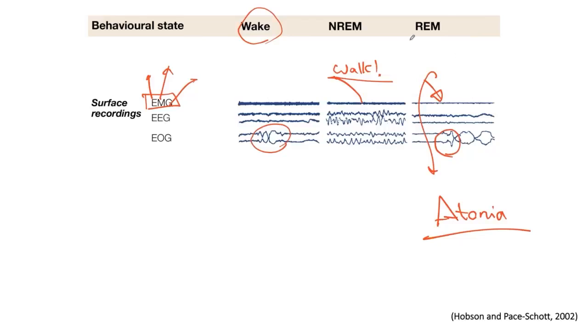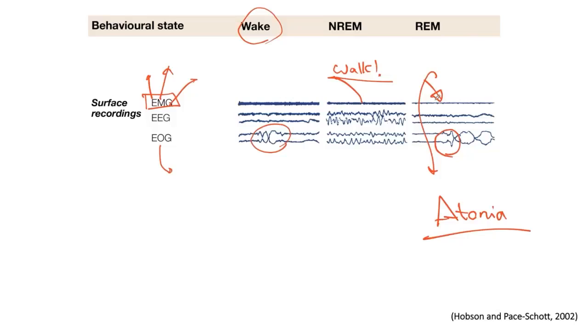So you still have electrooculogram activities, oculo meaning eyes, like when you are awake, but this is not the case for your body muscles, your muscular structures, and that is the reason that we do not have activations there.